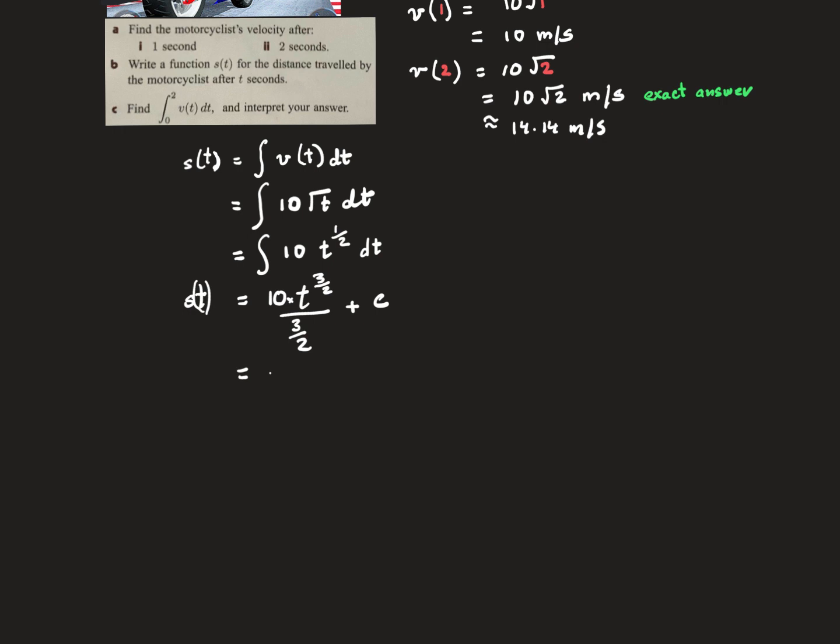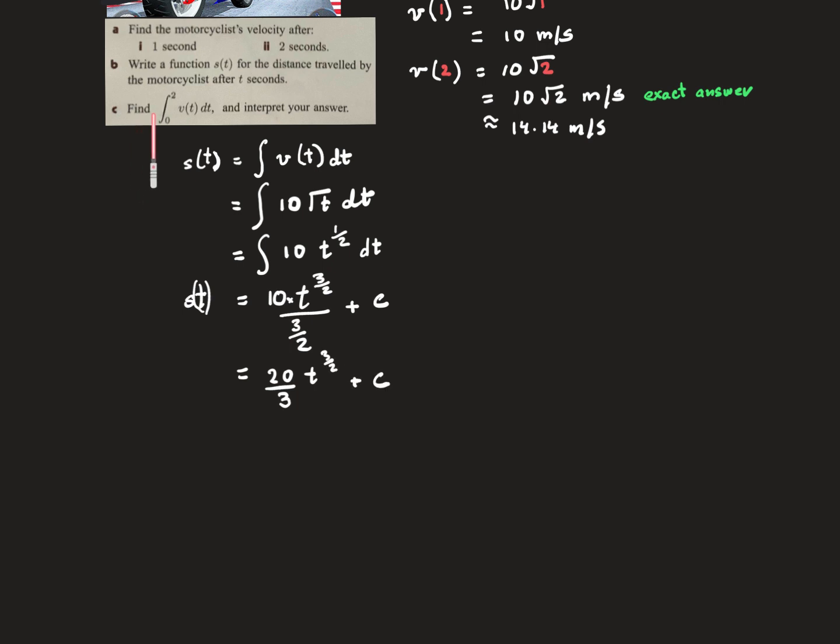So inserting that function of the velocity in here as 10 root t dt, and for easy integration we want to change it into a power form so that integrating the s(t) will give us t to the 3 on 2 over 3 on 2 times 10, plus c, and simply written it is just 20 over 3 t to the 3 on 2 plus c.